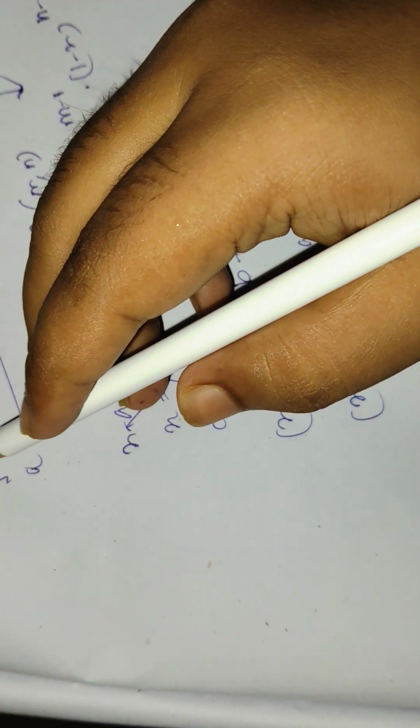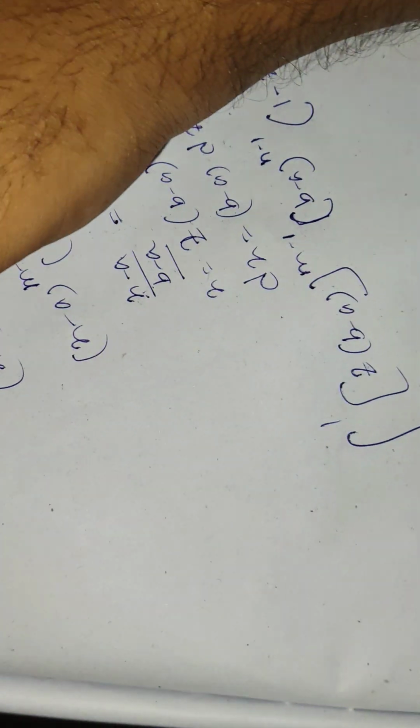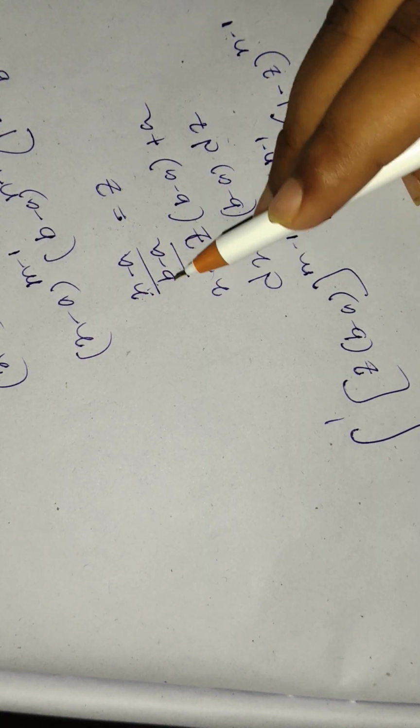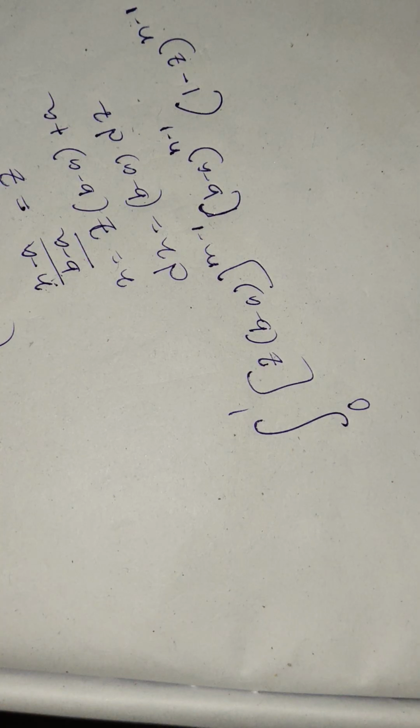And the upper limit will be 1. Why? Because the upper limit of x is b. So if we put b here, then it will be (b minus a) by (b minus a), which is 1. So z is equal to 1 at the upper limit.